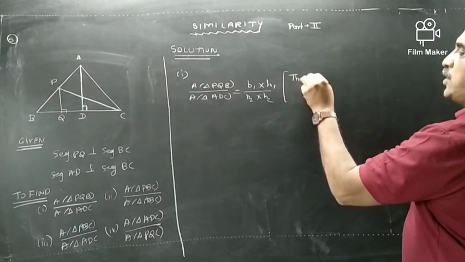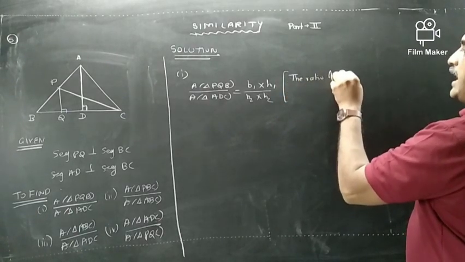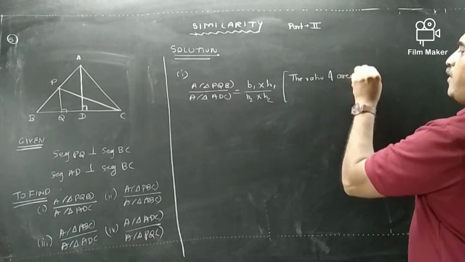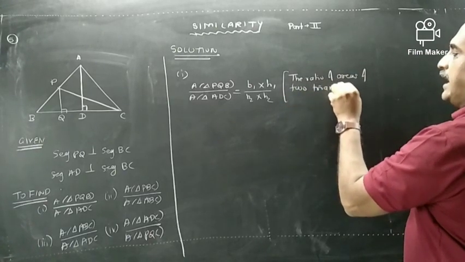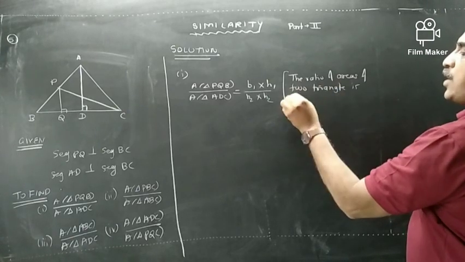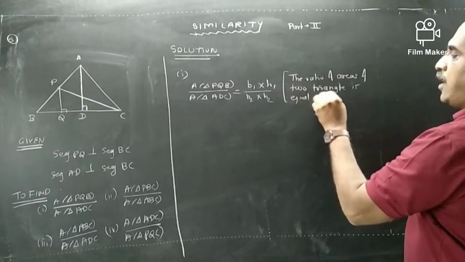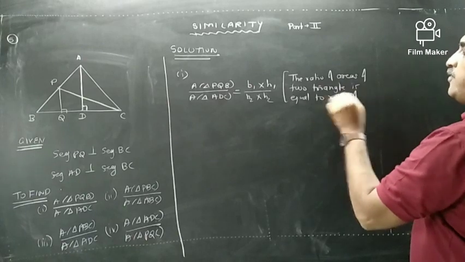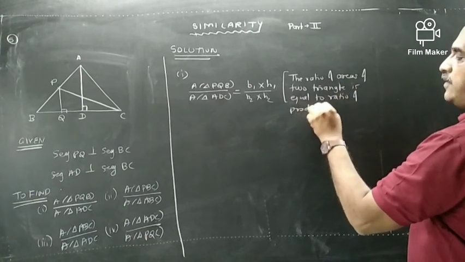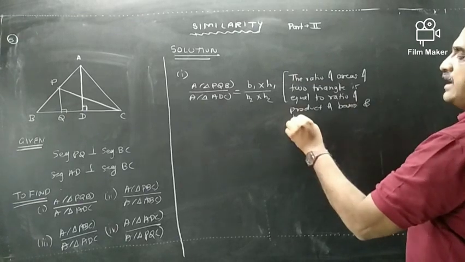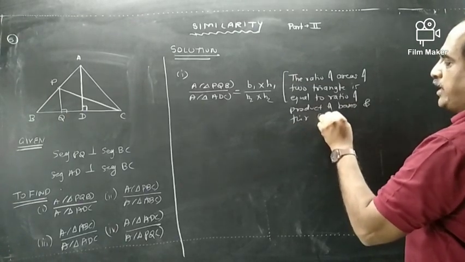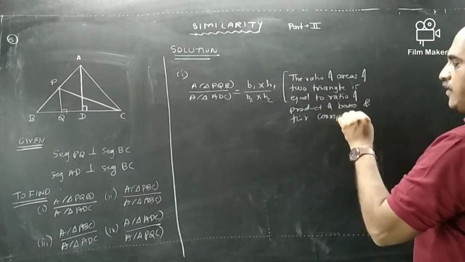The ratio of areas of two triangles is equal to the ratio of the product of bases and their corresponding heights.